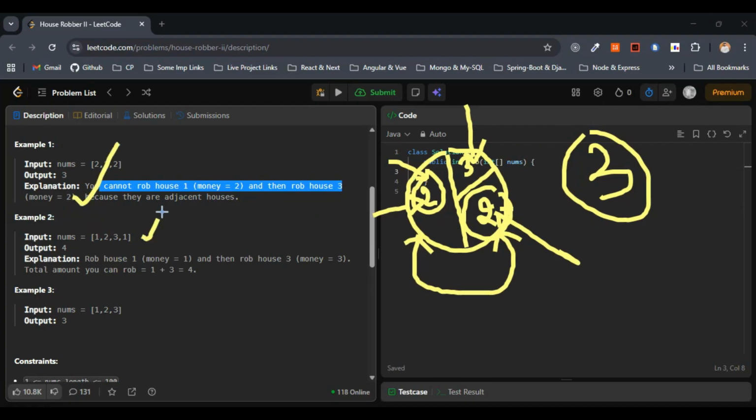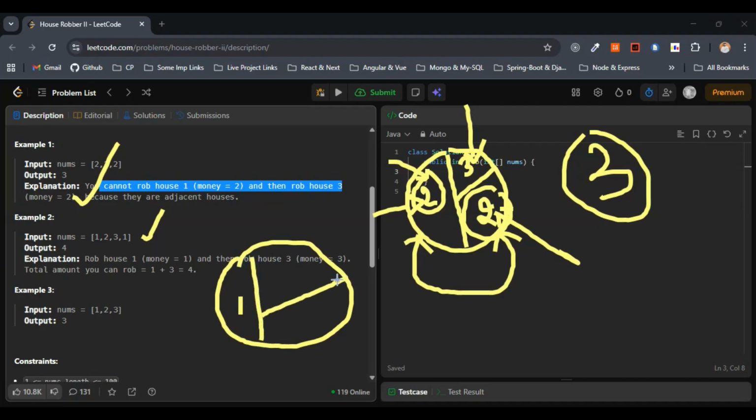The same goes with example 2 as well. Let me give you a circle: 1 followed by 2, followed by 3, followed by 1 again.